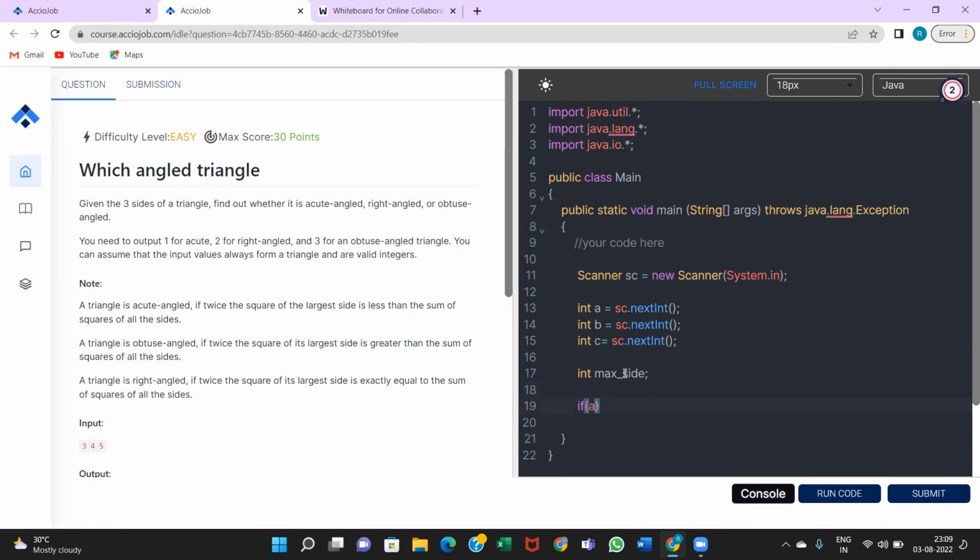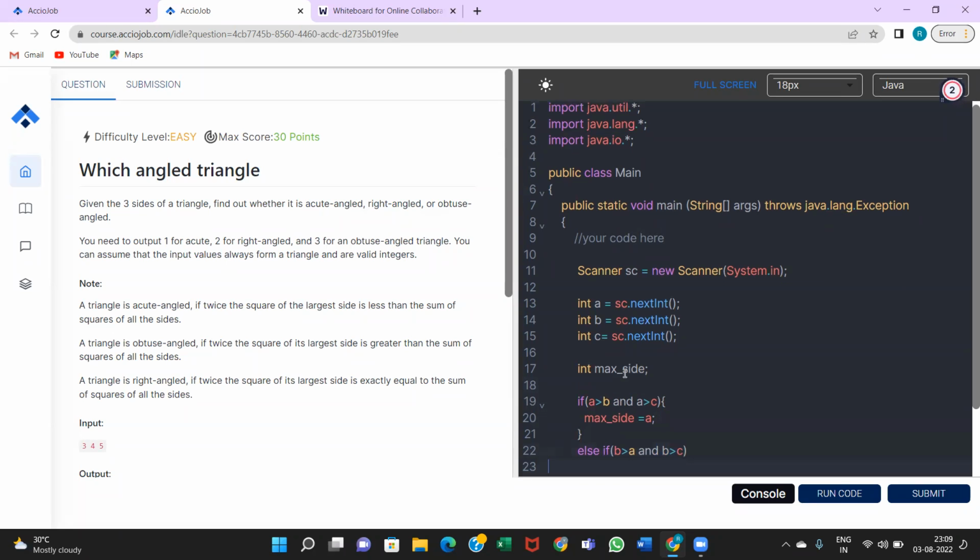So if a is greater than b and a is greater than c, in that case maxSide will be equal to a. Otherwise, else if b is greater than a and b is also greater than c, in that case your maxSide will be b.